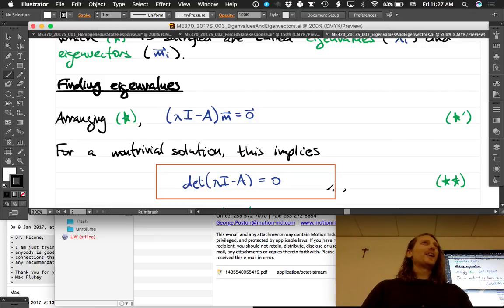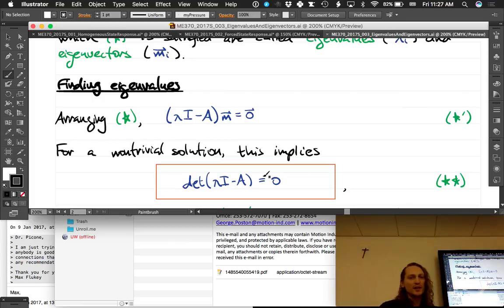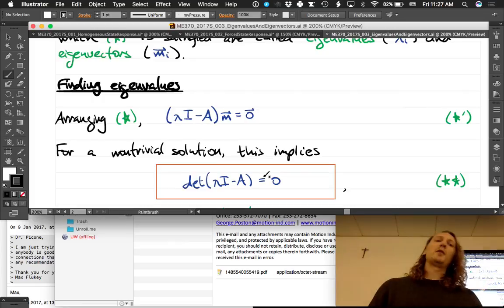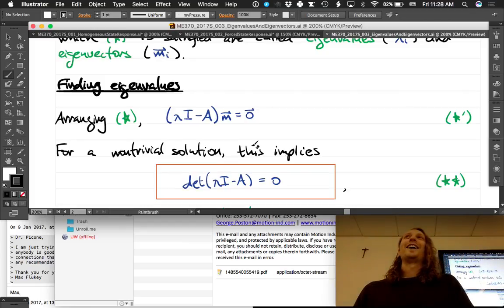Does that look like something we've done? In differential equations, we did that. For matrices, you may have done it in differential equations, but I also did it in mechatronics, where it wasn't lambda we used, it was S. We did determinant of SI minus A equals 0.